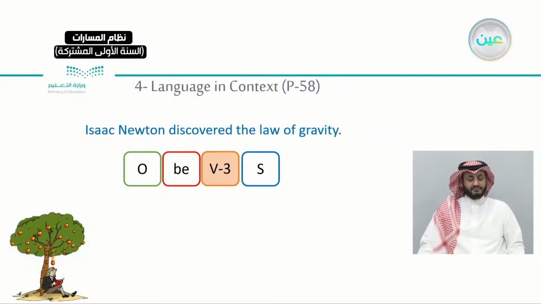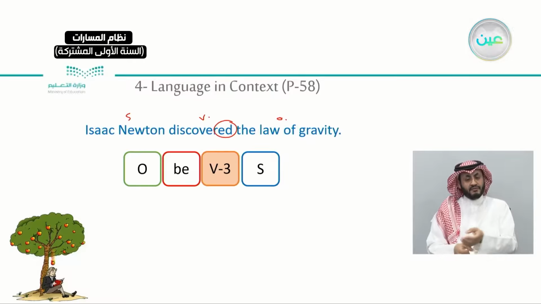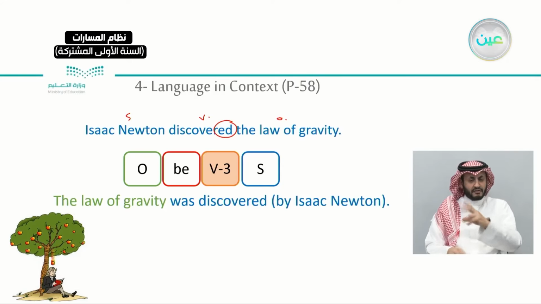One more in here. Isaac Newton discovered the law of gravity. Let's come up with the subject, then the verb, and here is the object. I don't want to mention the subject. What would I say in here? The law of gravity was discovered by Isaac Newton. This is the object. This is "was" because it is in the past, and was discovered. By whom? By Isaac Newton.